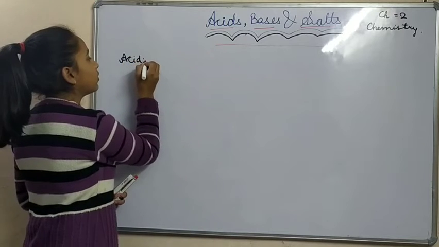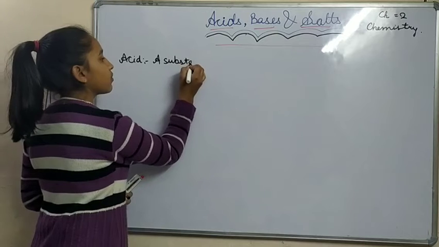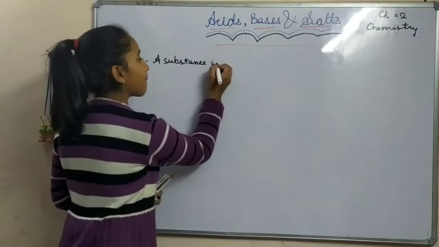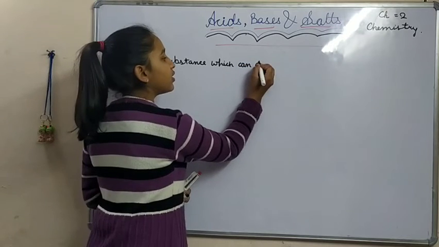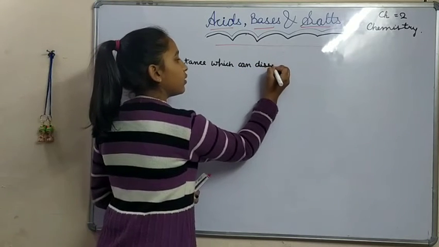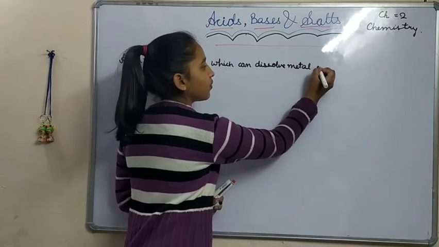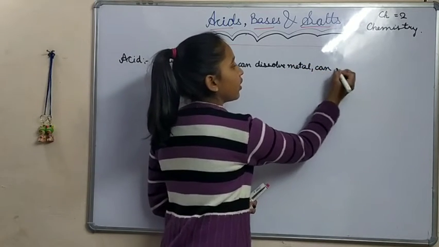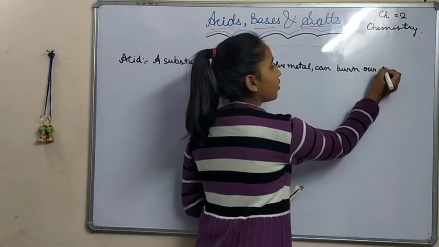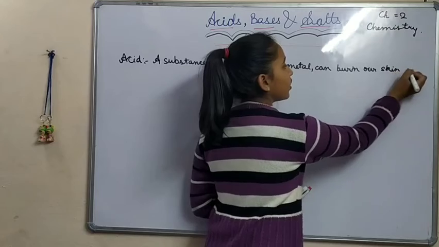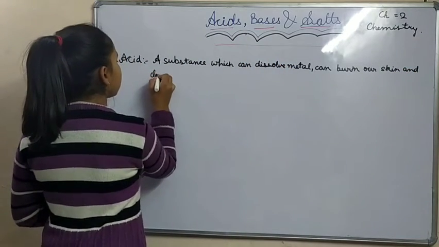Acid, a substance which can dissolve metal, can burn our skin and clothes.